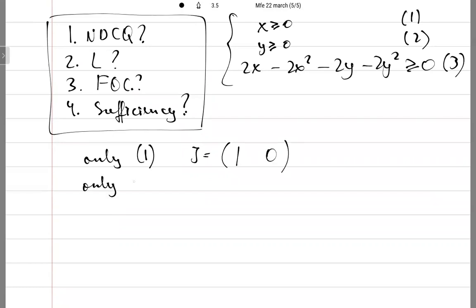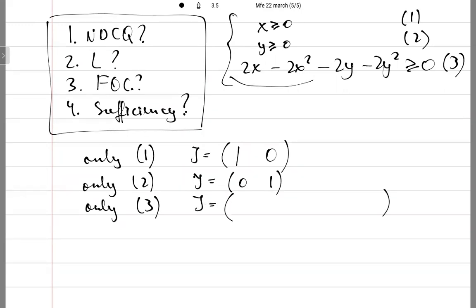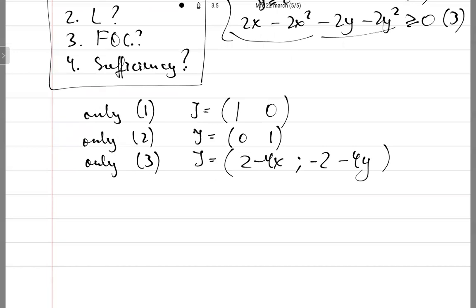Only second, the Jacobian matrix is 0, 1. Only third, the Jacobian matrix is the derivative with respect to x, 2 minus 4x, and with respect to y, minus 2 minus 4y. First plus second, the Jacobian matrix is 1, 0, 0, 1.